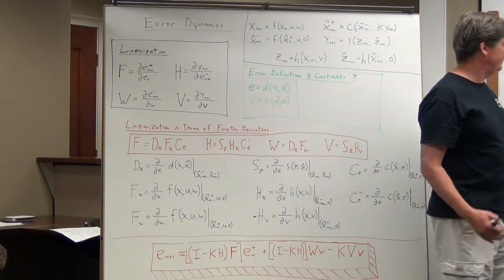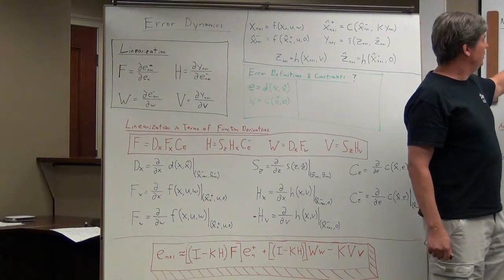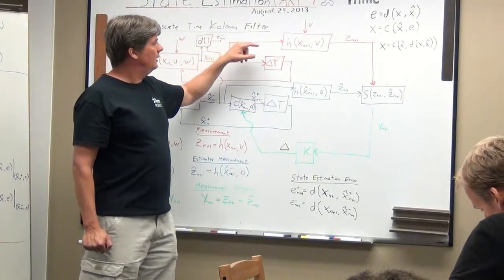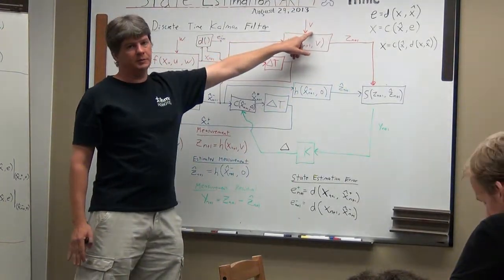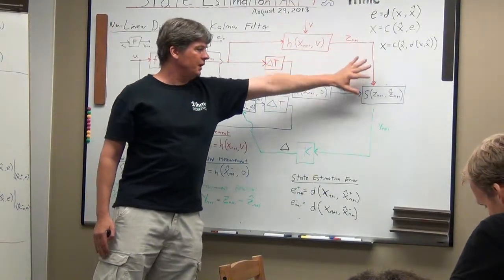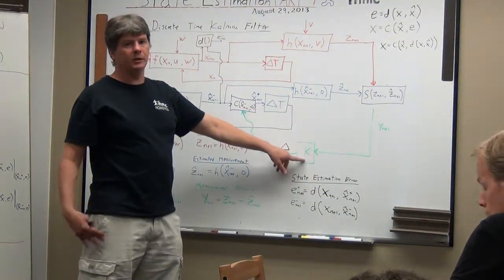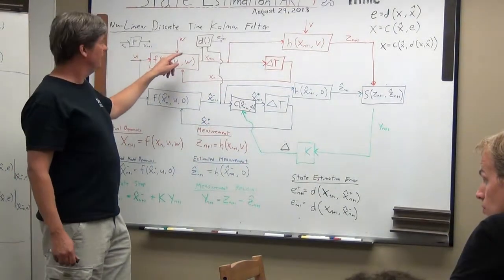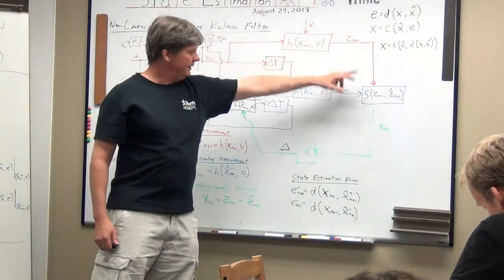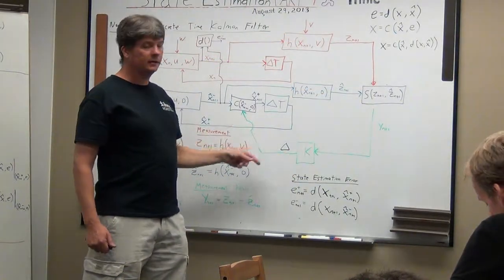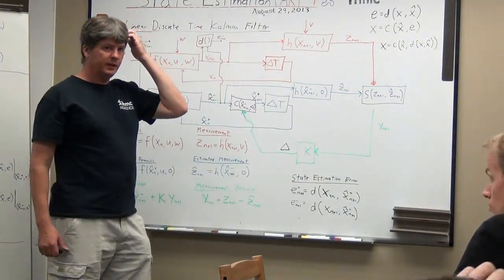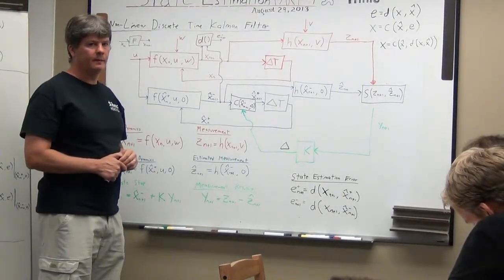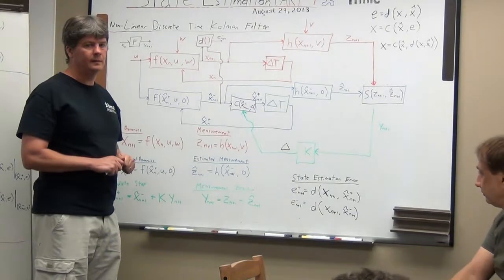In a hand-wavy way: if W is really low, so you're not getting pushed around, and V is really high, you've got super sensor noise, then you don't trust your sensors at all, and K will be near 0. Whereas if you're getting disturbed really badly so that your simulation is poor, but your sensors are really good, then K should be really large so that you almost exactly correct for the error based on that sensor reading. And you have some hybridization of those two. So that's how those other functions feed into K.